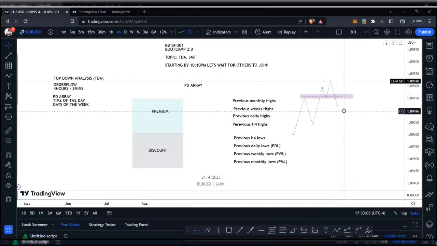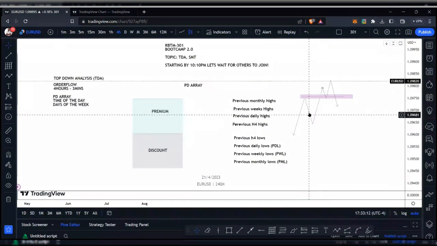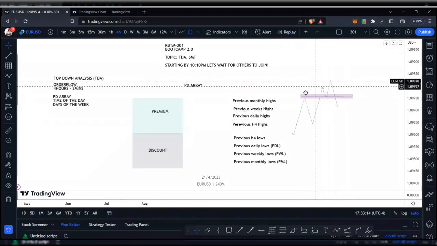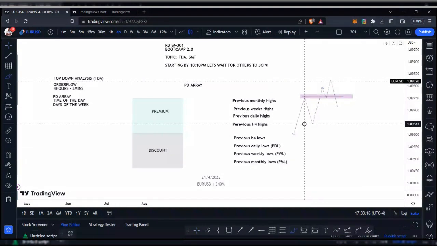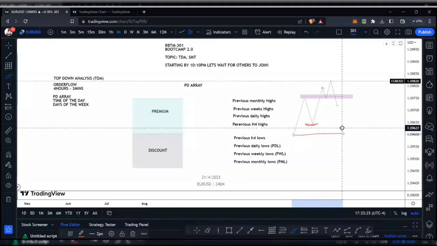Do you understand? So you are waiting for price to take out these highs. I know there are a lot of times when some people are looking to take their trades here, and then price just disregards them, takes out this low, right?